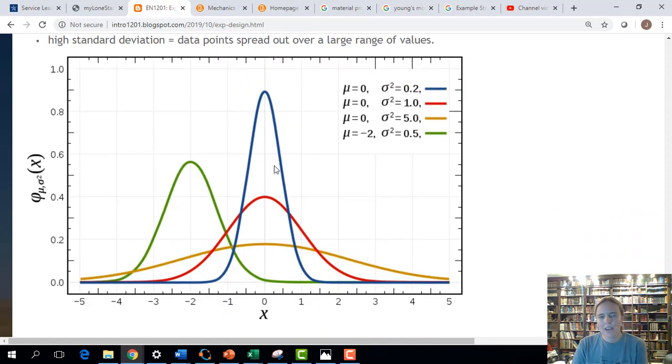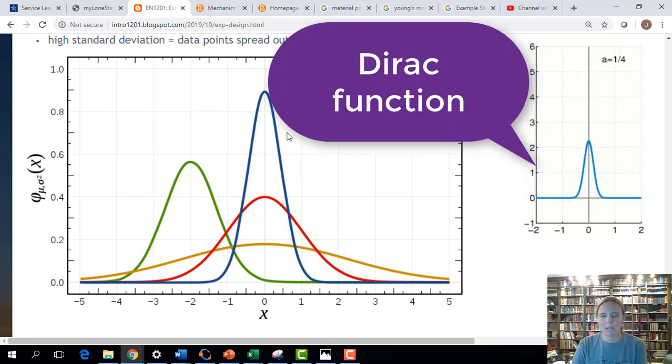So you can have narrower distributions or wider distributions. Again, that's going to have to do with the precision of the data, how well the grouping is. And the more samples you have, the more defined that average is going to be. In fact, if you have lots and lots of samples, you get what's called a Dirac function, where you basically get a line and everything is right here at that one value.